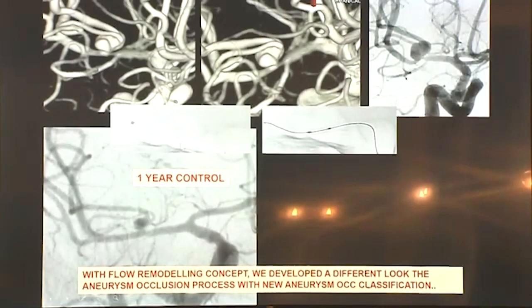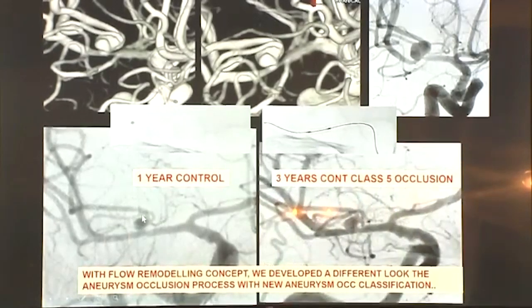Or this one, for example, but it also taught us at MCA the flow remodeling concept. What do I mean by that? When there's a vessel coming off from the aneurysm, because of the flow demand, despite that it changed its shape and got smaller, because the flow is needed to those vessels, it remodels the bifurcation, the origin of the vessel.